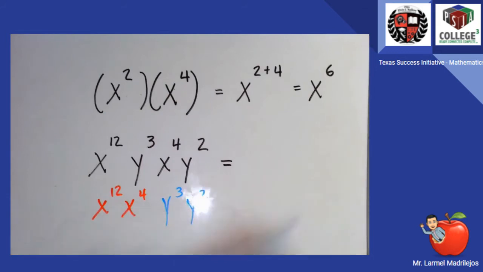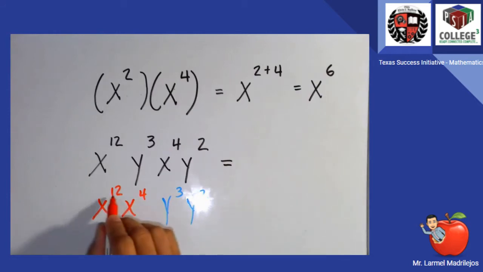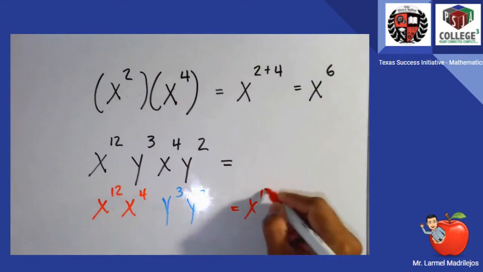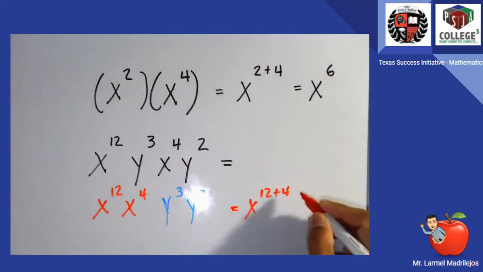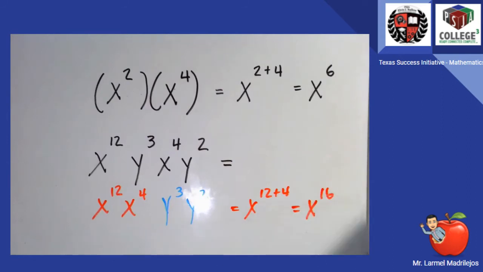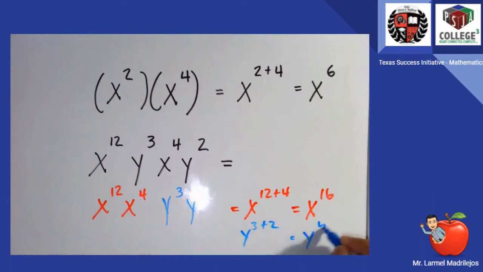So my answer here is going to be 12 plus 4, which is equal to x to the 16, and for the y, 3 plus 2 is y to the 5.